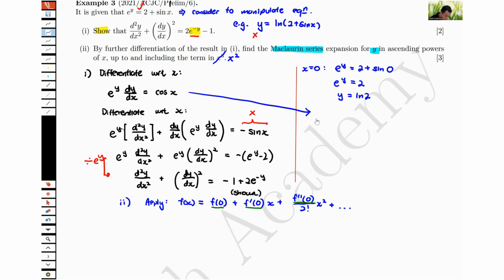Okay, let's sub to that equation. So I will get e^(ln 2), the y value that appears used from the previous one that you have found, equals to cosine of 0. So 2 dy/dx. Remember, e and ln will cancel out. You get 1. So dy/dx is half.